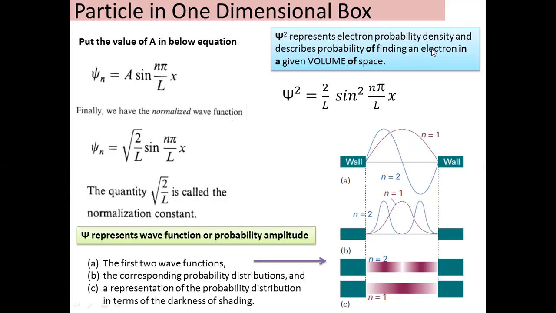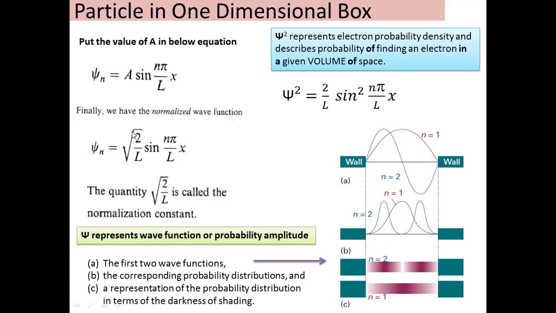So where is the probability density, or the maximum density, of finding the electron when this electron is moving in a one dimensional box and having this wavelength? By using a very simple way of calculation, I am just getting the square of the psi, and the square of the psi is the probability density. When you take the square, psi will become psi square.